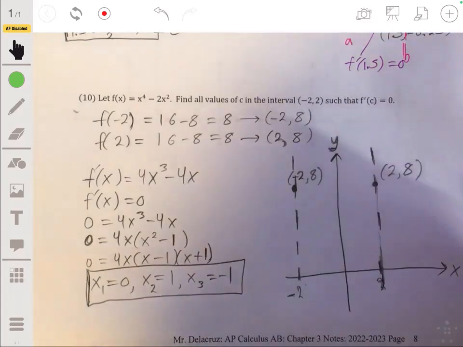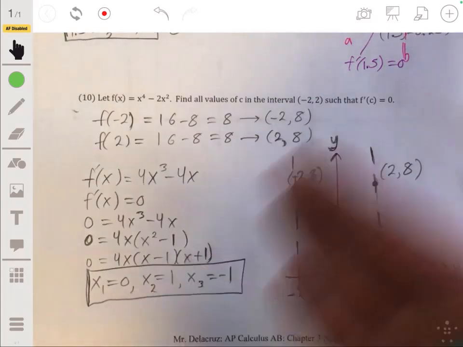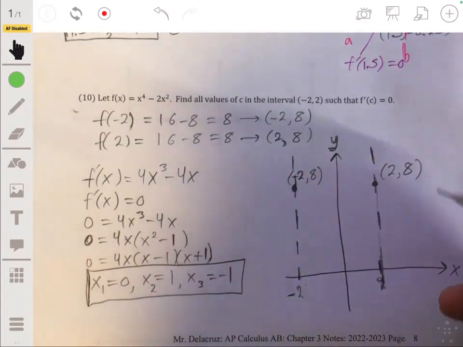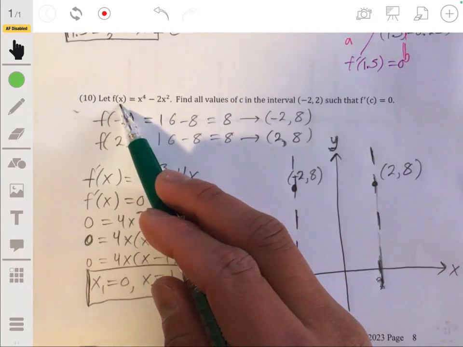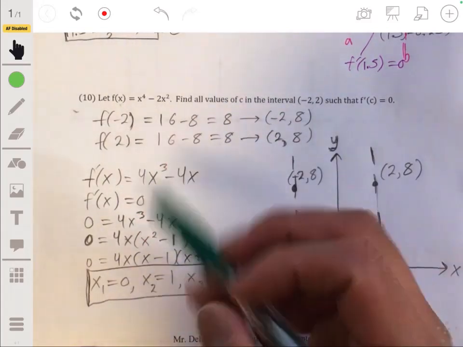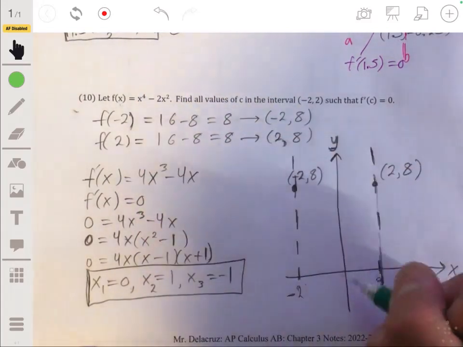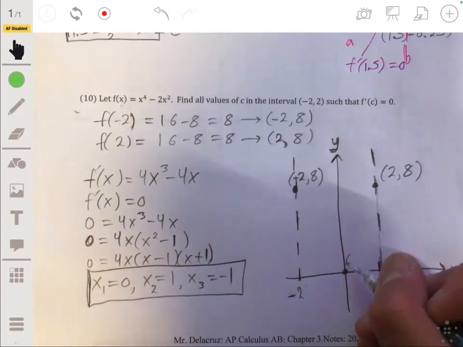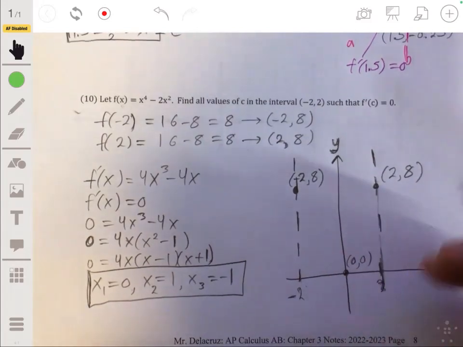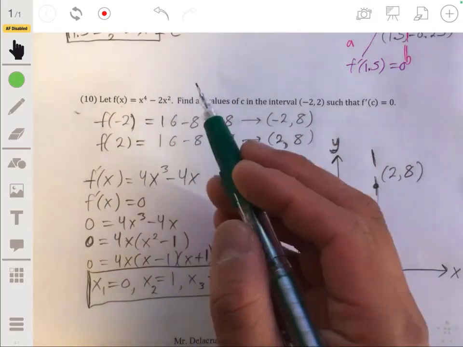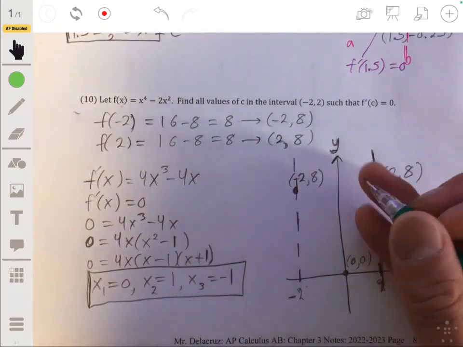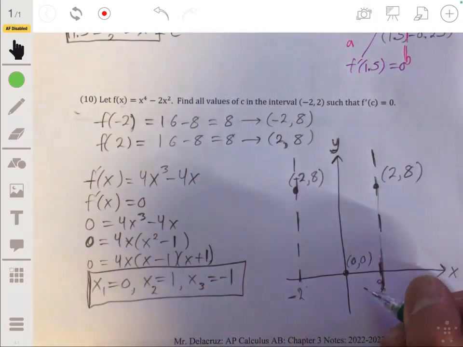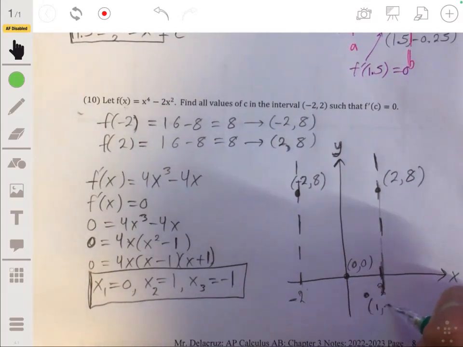So this graph is going to have 3 horizontal tangent lines. Again, I'm going to draw the graph so you can see exactly what's going on. If we plug in 0, that's easy, the function goes through (0, 0). If you plug in 1, you get 1 minus 2, which is -1, so (1, -1).